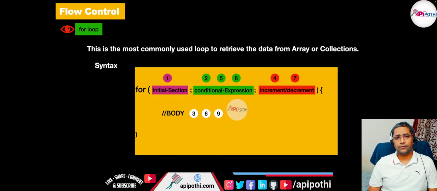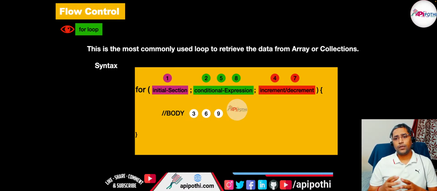The first color, a little bit pink, is stating that I am the initialization section, whereas the green color is stating that I am the conditional expression, and the last one is the increment and decrement.